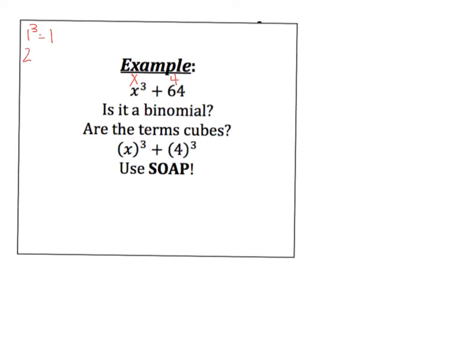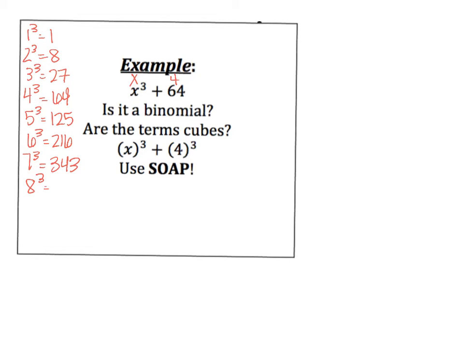1 cubed is 1, 2 cubed is 8, 3 cubed is 27, 4 cubed is 64, 5 cubed is 125. 6 cubed is 216. 7 cubed is 343. 8 cubed is 512. 9 cubed is 729. 10 cubed is 1,000, and we'll fit 11 cubed yet. 11 cubed is 1,331, right?